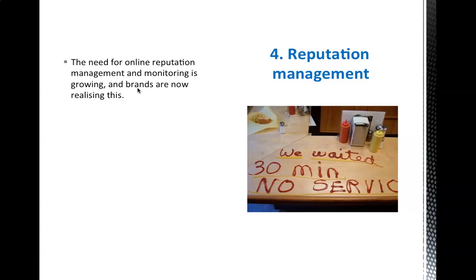You can be anonymous and you can slate a company, or you can really take out a personal agenda against a company, which is very unfair, but that's the nature of the beast that's been created. And that's something that we have to be aware of in digital marketing.